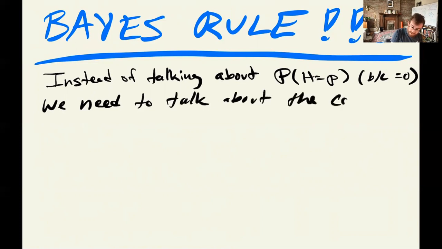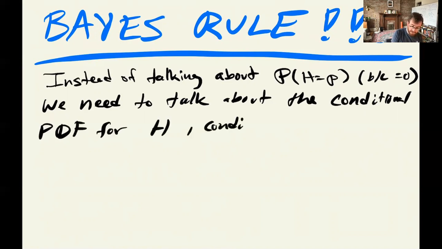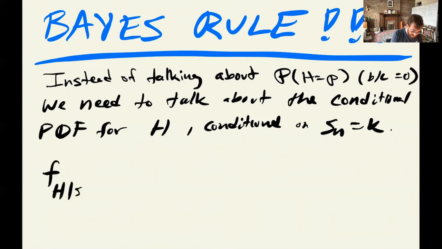The conditional PDF for h, again, conditioned on Sn equaling k. So in other words, what I'm interested in is f of h conditioned on Sn, where I'm saying, all right, what's the probability of p conditioned on the information that Sn equals k.